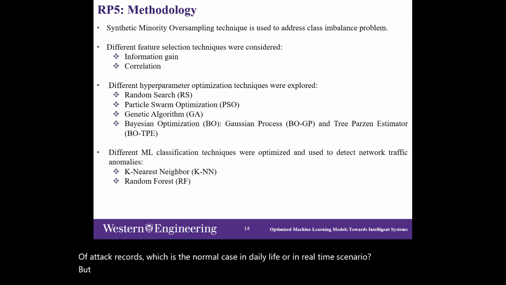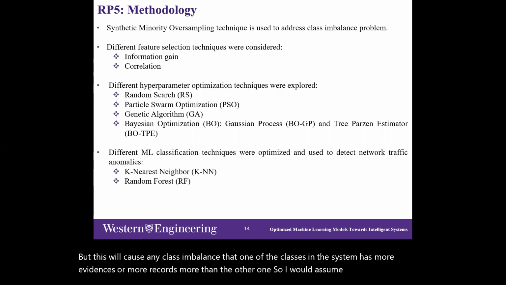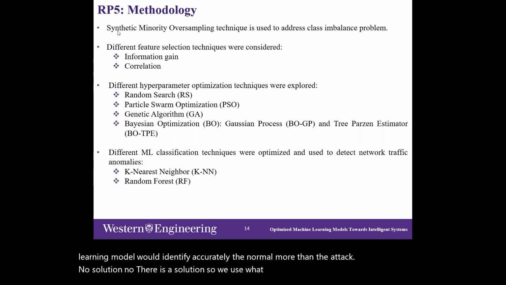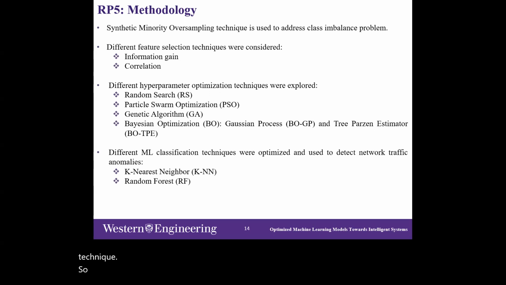But this will cause a class imbalance, where one of the classes in the system has more evidence or more records than the other one. So I would assume that the machine learning model would identify the normal more accurately than the attack. No solution? No, there is a solution. So we use what we call synthetic oversampling technique. So we create more records of the attack in order to have the data balanced.